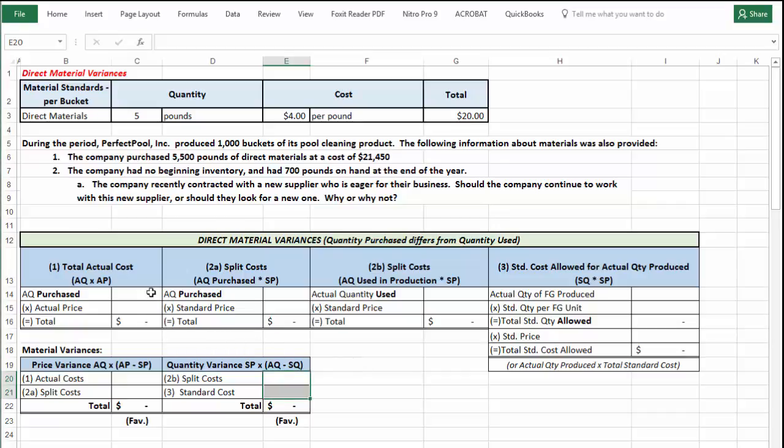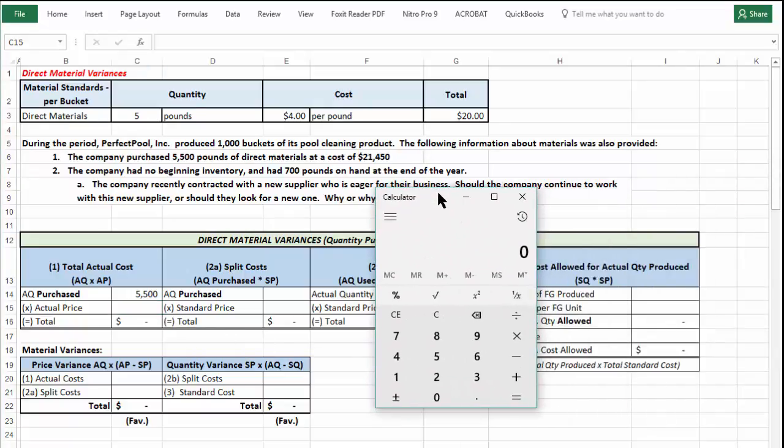The first thing we do is determine what the actual cost of the materials will be. The company purchased 5,500 pounds of materials at a cost of $21,450. Now, we really don't need to compute the actual price per unit, but it might be interesting to see what it is when we're looking at exactly how much the company saved or spent more than the standard price.